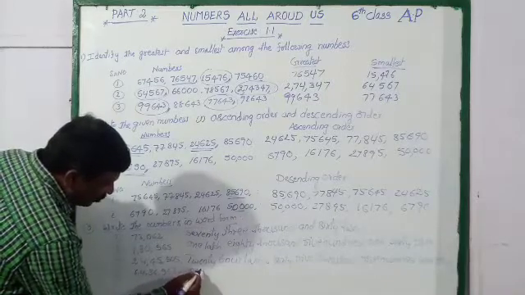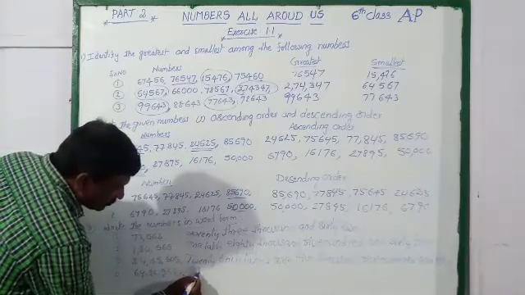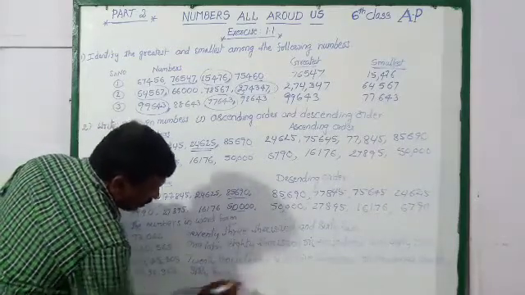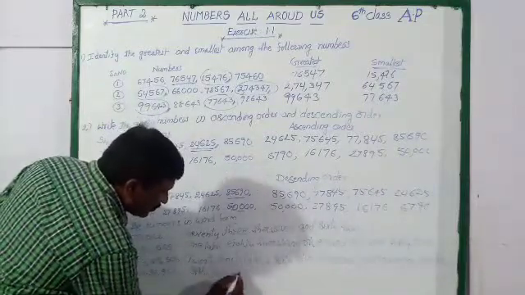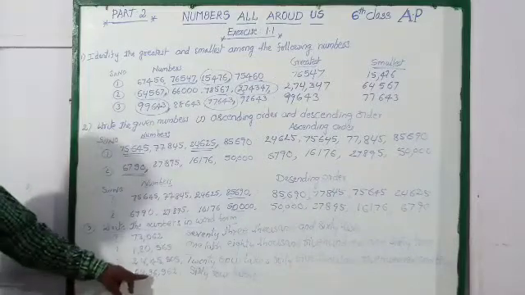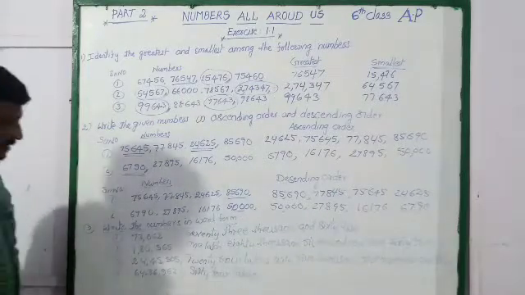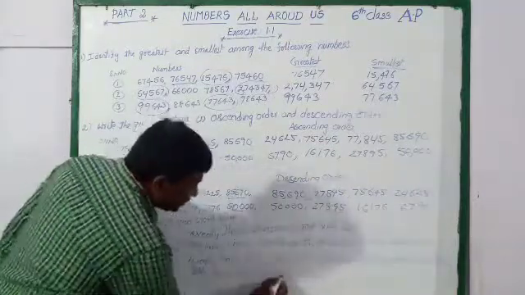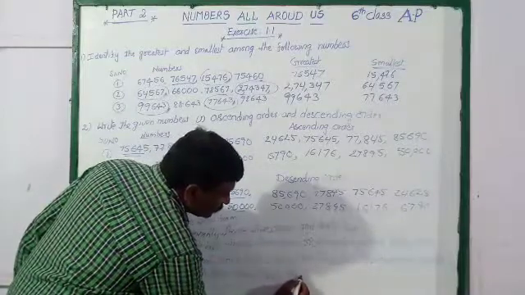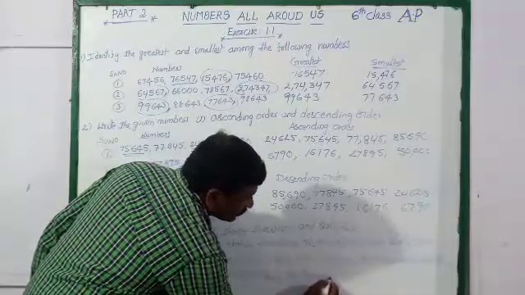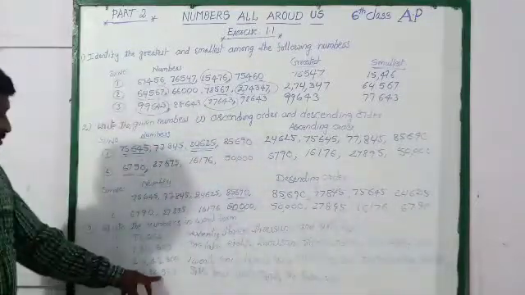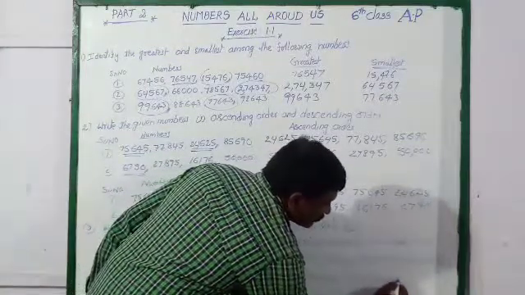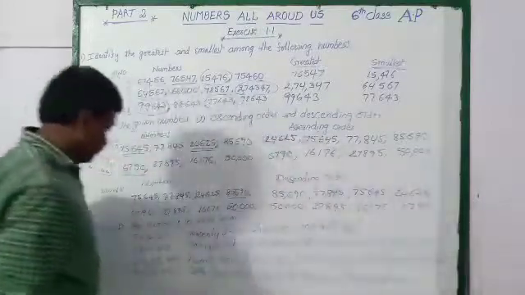So 64 lakhs, 36,962: 36,000, 900 and 62.